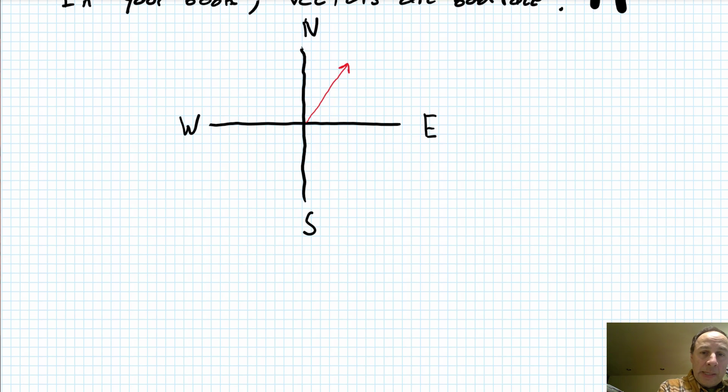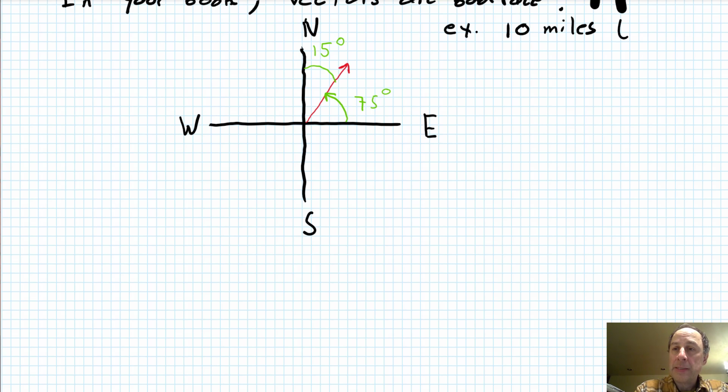And we're going to say that this angle right here is 75 degrees. This angle is 15 degrees. Let's say that the magnitude of this vector is, for example, 10 miles. That's the magnitude.